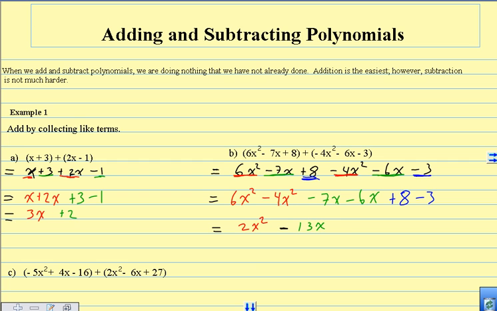And then finally we have a plus 8 minus 3, so the answer there will be positive, and 8 minus 3 is positive 5. So there we have our final answer here: 2x squared minus 13x plus 5. Okay? So you go and you try C on your own. And watch the next video on subtracting polynomials.